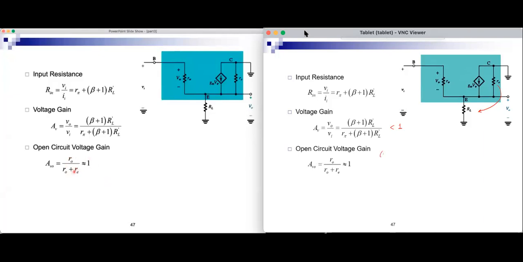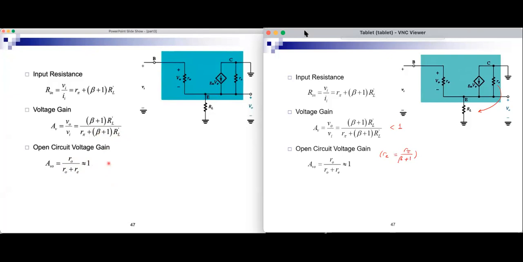And we can write it in terms of RE, ideal RE, this is R pi over beta plus 1. So if RL goes to infinity, you can show that this reduces to this. RE in the BJT is a tiny resistor, a very small value, and RO is large, tens of kilo ohms. And this is very, very close to 1.